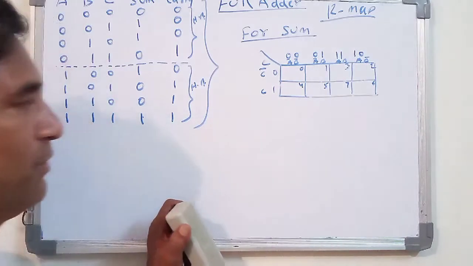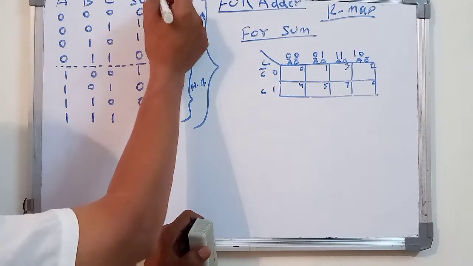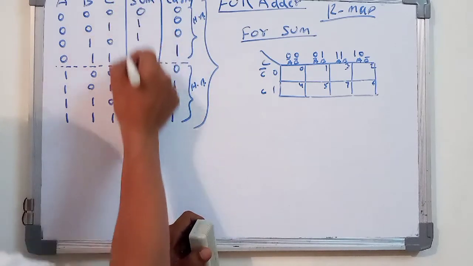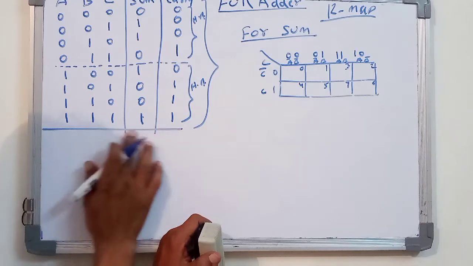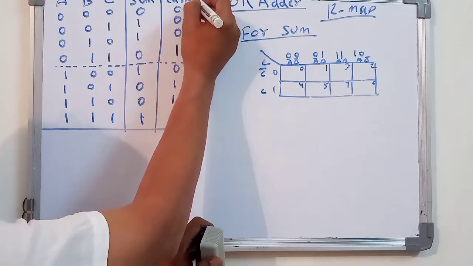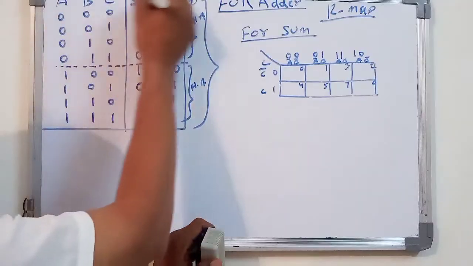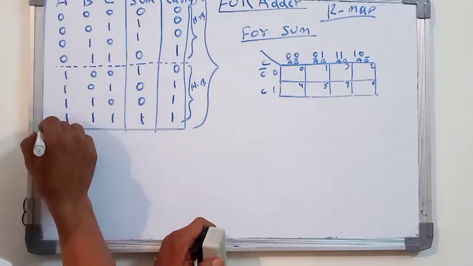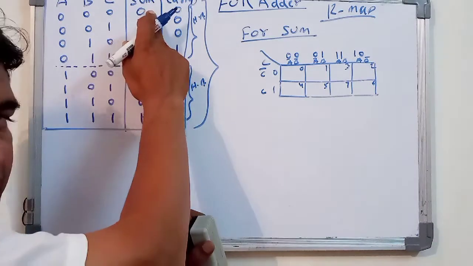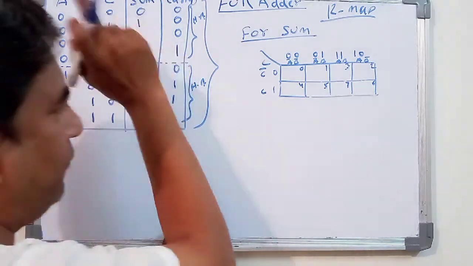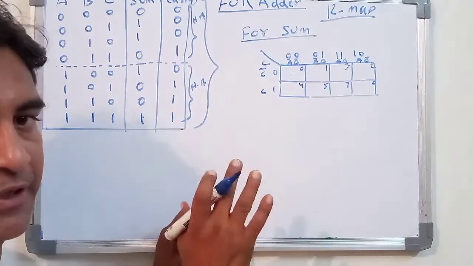From this particular formation, you just observe the sum. The first row and first column, you are getting the value 0. You don't write anything.